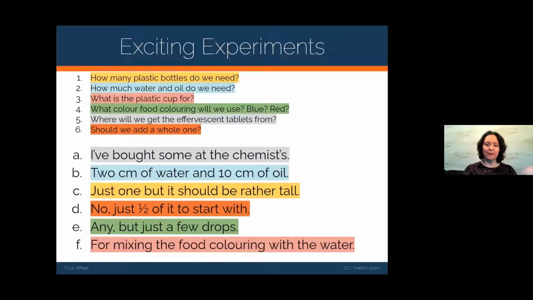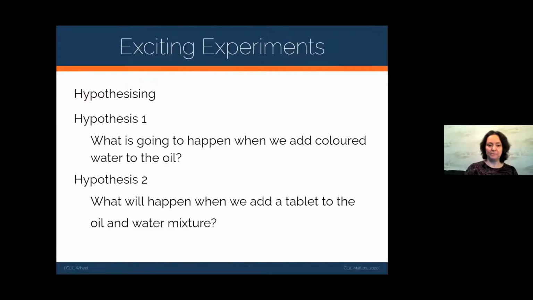Okay, so based on this dialogue, I would like my students to be able to tell me, 1, what ingredients go into the experiment, and 2, what I should do step by step. Okay. I can divide this experiment into 2 stages, and I can hypothesize.